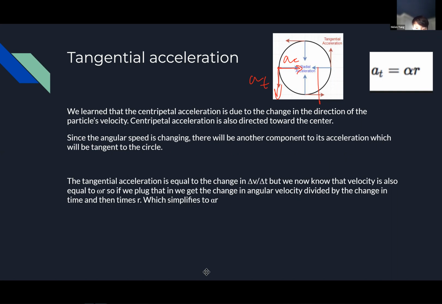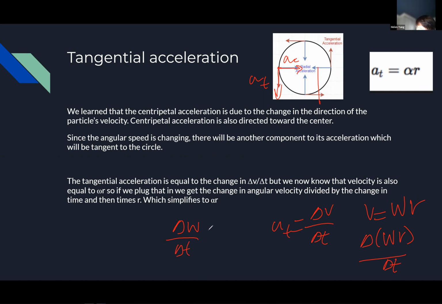The tangential acceleration is equal to the change in the speed over time. And since we know that the velocity is also equal to the angular velocity times r, you can write this equation as delta omega times r over delta t. But we can just put delta omega over delta t times r, since the r is going to be the same.